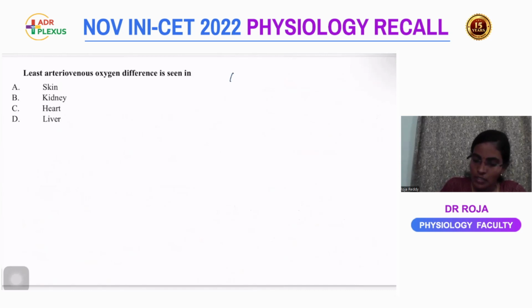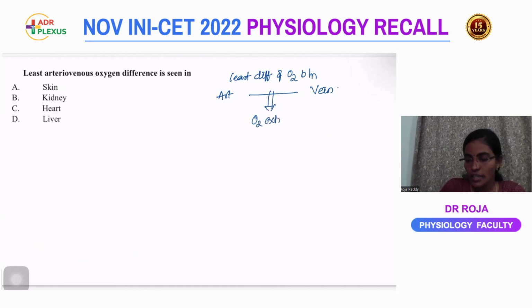So, least difference of oxygen between artery and vein means the oxygen extraction is low. If the oxygen extraction is less, it means the oxygen taken up by the tissues is less.